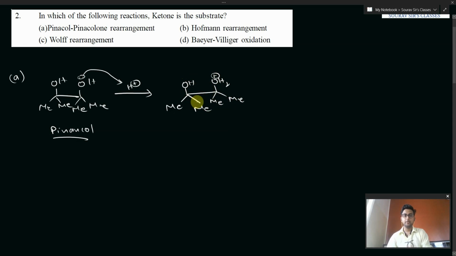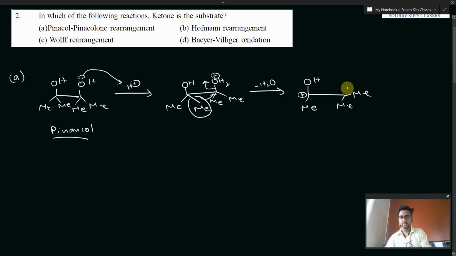Now, one of the methyls from the adjacent carbon would migrate over here, and this H2O will be released as it is a good leaving group. So water would be released from the system, and we'll be getting OH, methyl over here, a plus charge over here, and Me, Me, Me. So this system is formed.